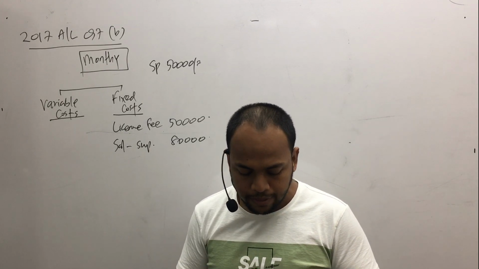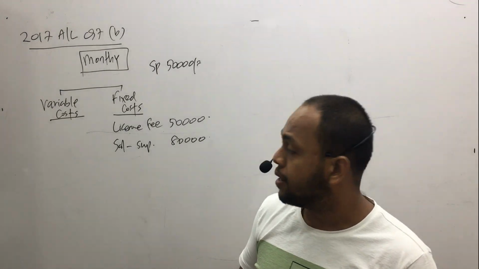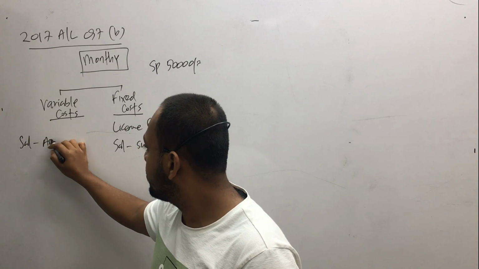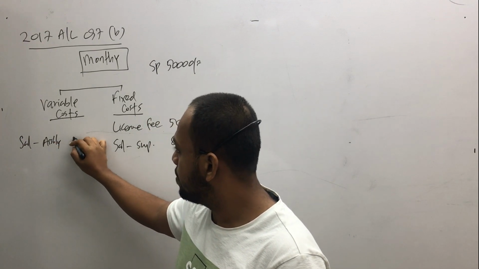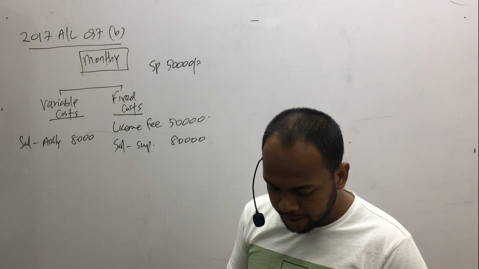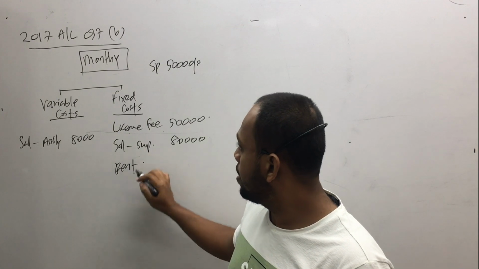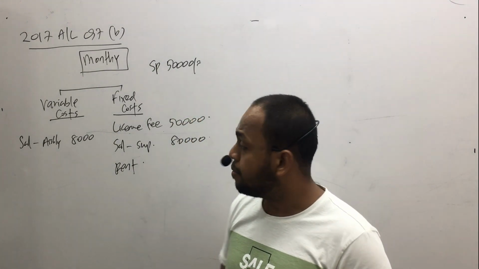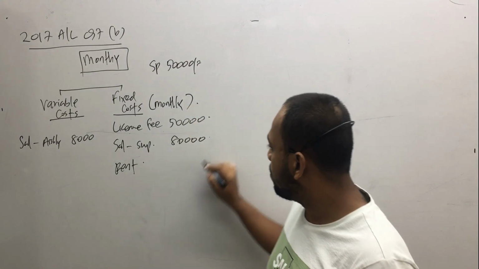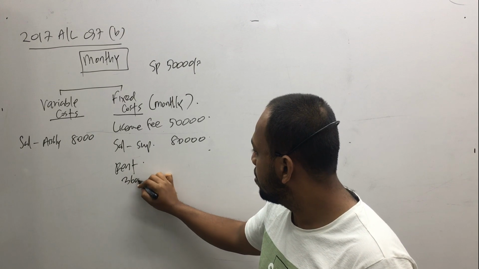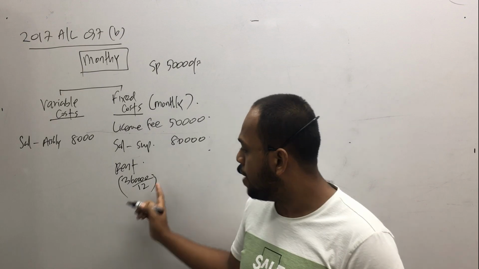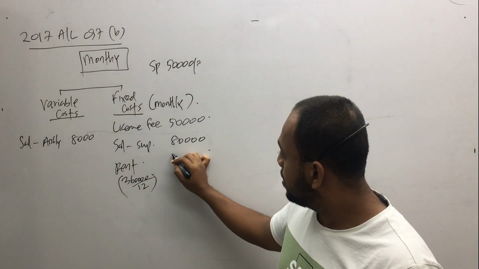For the assembly workers, we pay 8,000 per unit. Rent is 360,000 per annum. Remember, we are doing this monthly, so divide 360,000 by 12 months and you get 30,000.